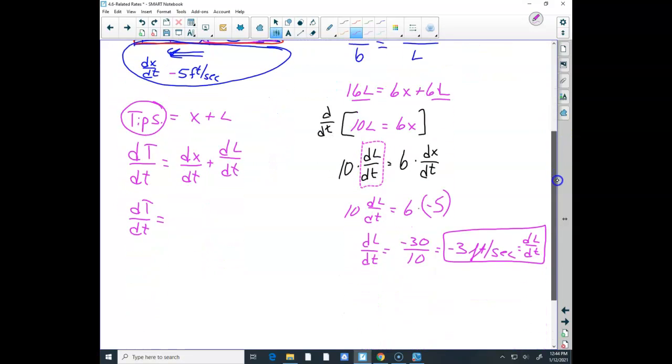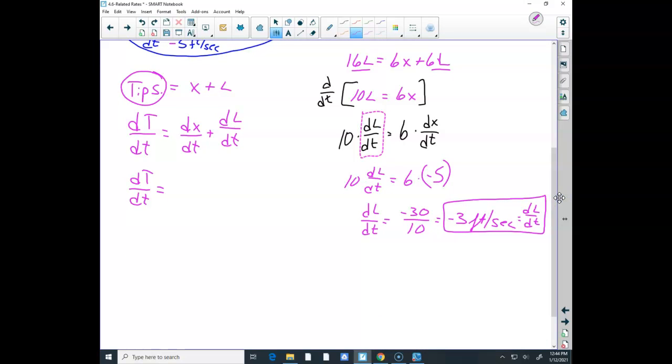I know dx/dt is negative 5 feet per second, plus I know the change in the shadow length is negative 3 feet per second. So I know the tip of the shadow is going to be moving at negative 8 feet per second. And that little bugger's cruising for a bruising. And that's how I find the speed of the tip of the shadow.